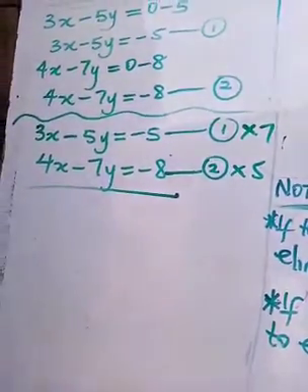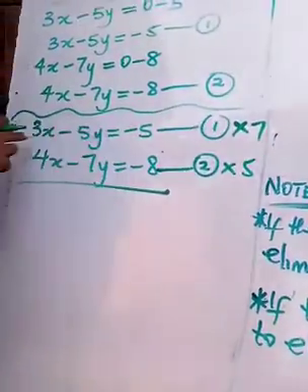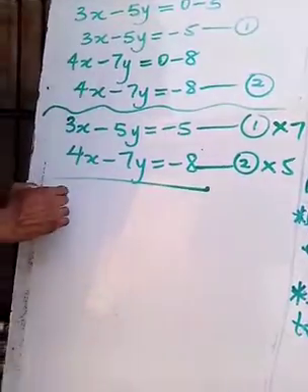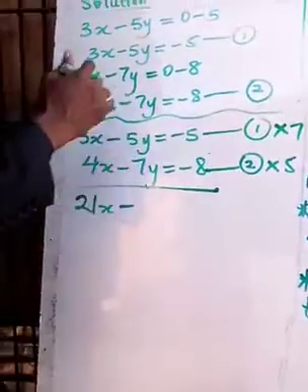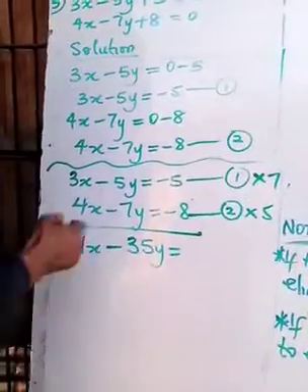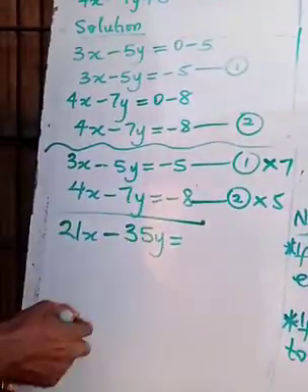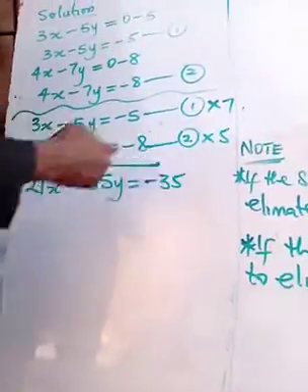Like we did in the previous video, you use this to multiply the whole of this. So 7 times 3, that's 21x. Minus 7 times 5, that's 35y. There's a minus, that's why I'm putting the minus. Then 7 times minus 5, that's minus 35.